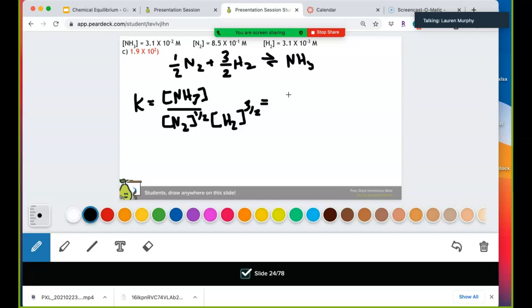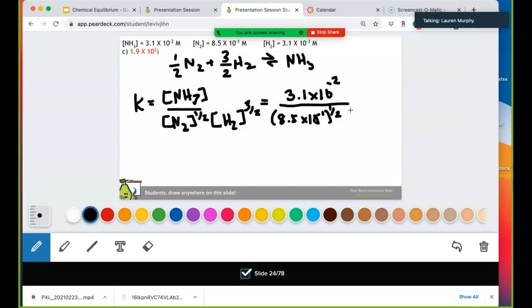So ammonia's concentration is 3.1 times 10 to the negative second molar. Again, I'm not using units because I know my equilibrium constant does not have units. Nitrogen is 8.5 times 10 to the negative 1 molar, and this is raised to the 1/2 power.